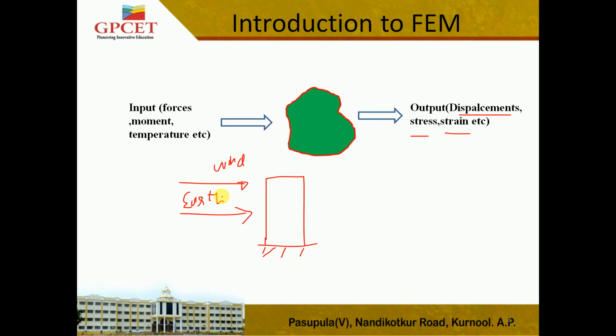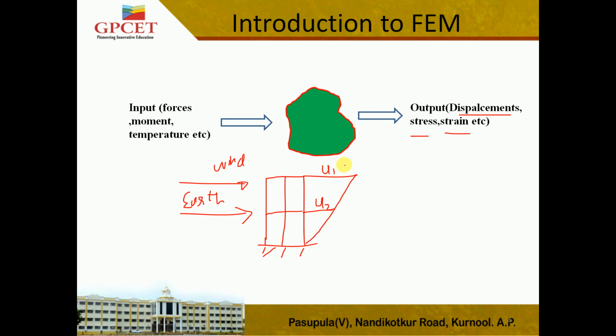Then what will happen to this building? The building will automatically deform like this. The deformation will be in terms of displacements, that is u1 and u2. So these are nothing but outputs.